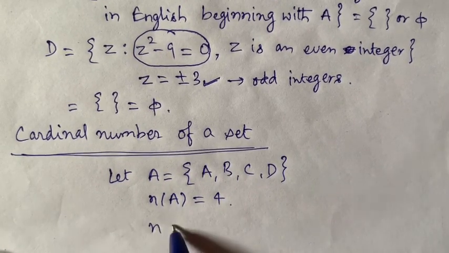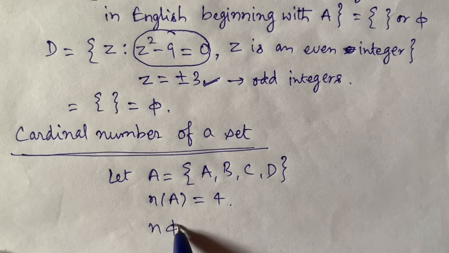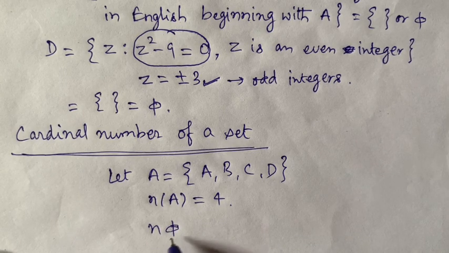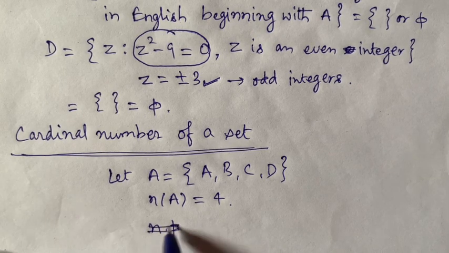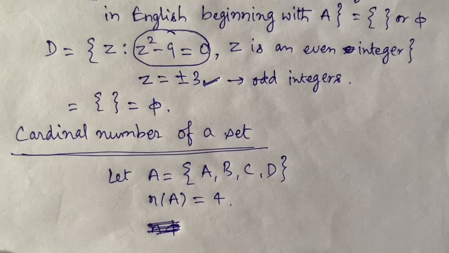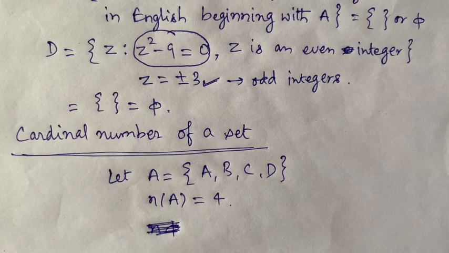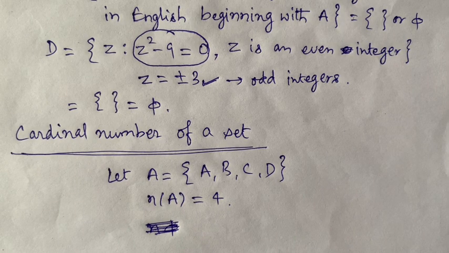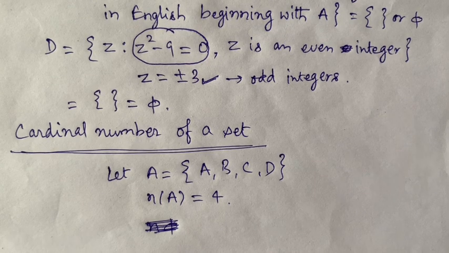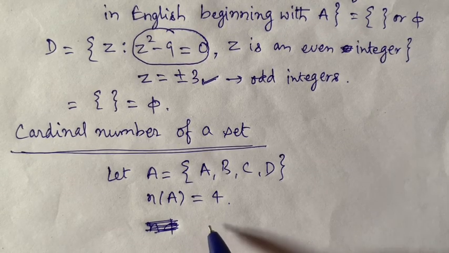So for an empty set, n(phi), we cannot write it like this as 1, because phi, if we put it inside the bracket, will not be a set again. It will be considered as an element there. Symbols can also be the elements of a set.